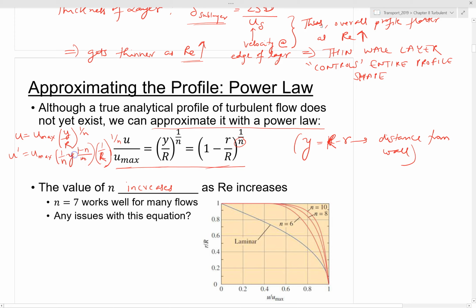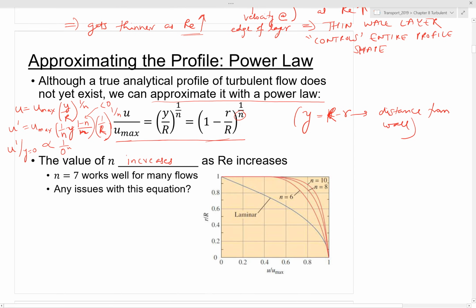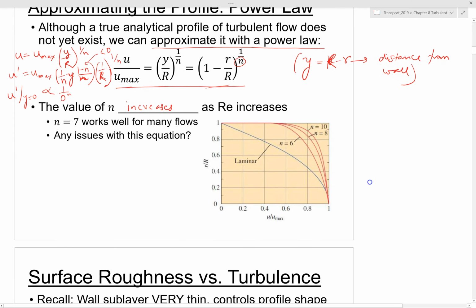This is y raised to the power (1 minus n) divided by n. Okay, so this exponent, 1 minus n, is always less than 0 for n an integer greater than 1. So what happens to u dash at y equal to 0? It almost reaches infinity, approaches a very high number. That is the real concept behind using this power law.